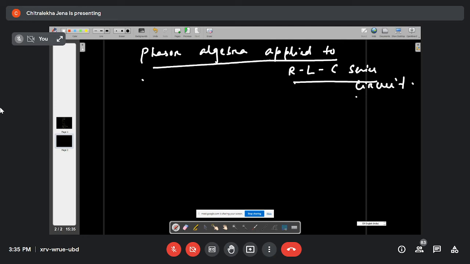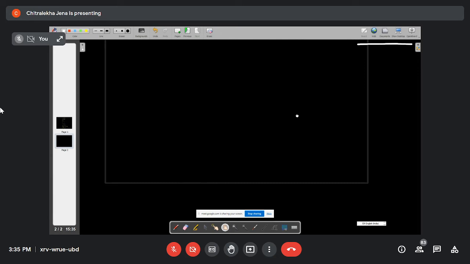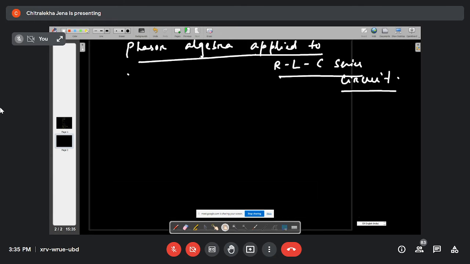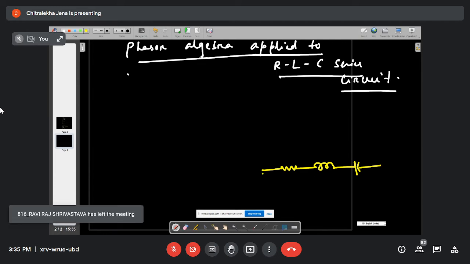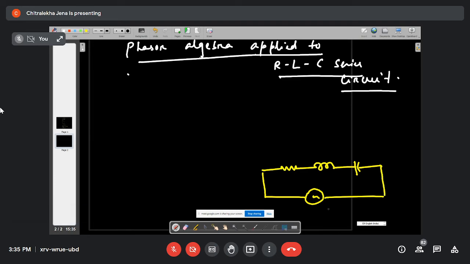Here, this one is your resistor, this one is your inductor, this one is your capacitor. This one is just the supply voltage V. This one is your current I. This is the RLC circuit. This is your VR, this one is VL, this one is your VC.